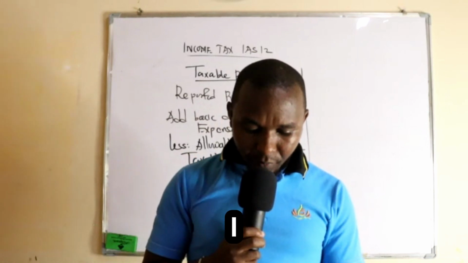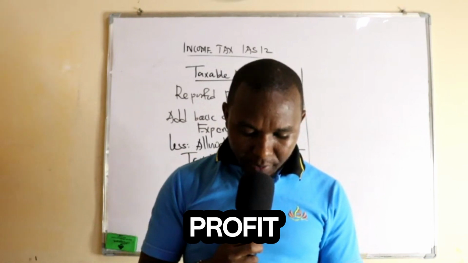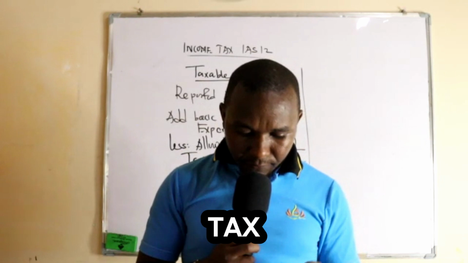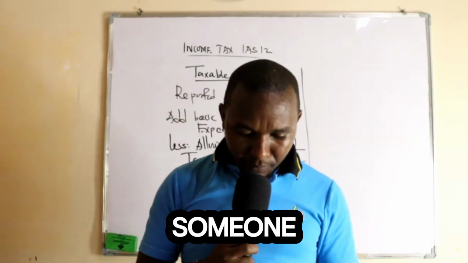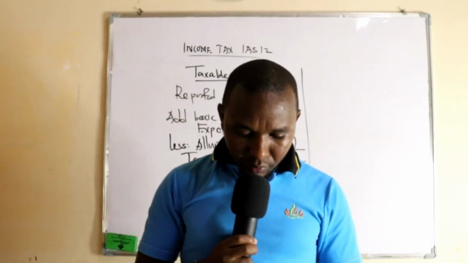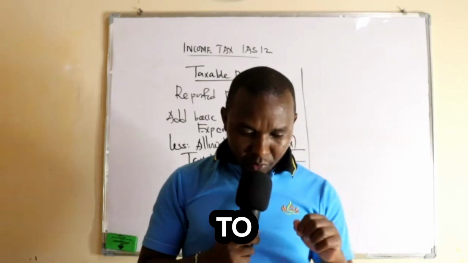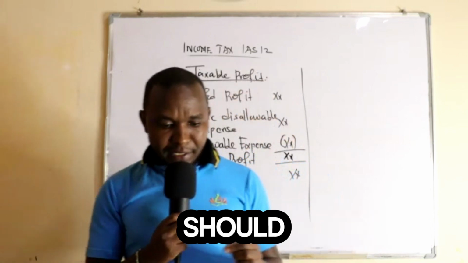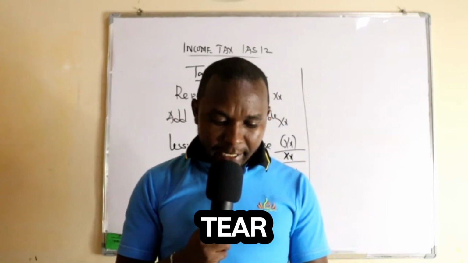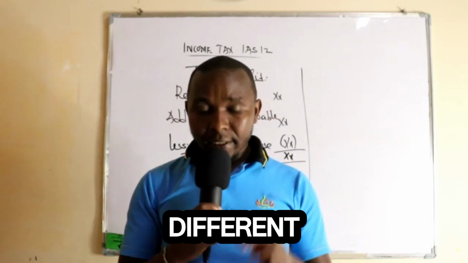So we have been given the 4 periods and then the profit after tax. I think someone tried to adjust it to before tax, but it should be profit after tax. And then we have allowable wear and tear charges with different rates.